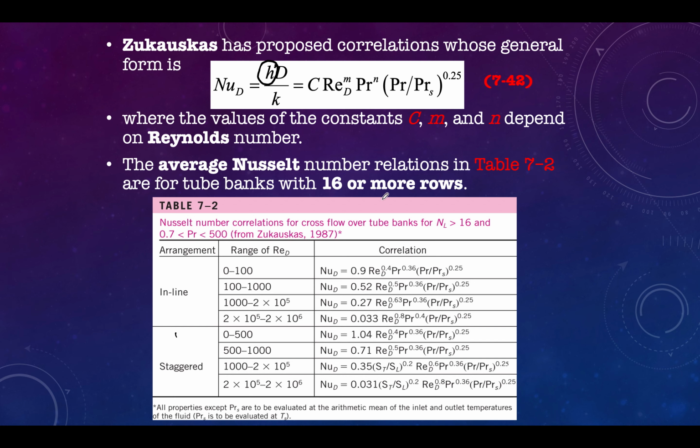Okay, this table is valid for tube banks with 16 or more rows. And if our tube rows are less than 16, we have other steps to go through before we can calculate the Nusselt number.